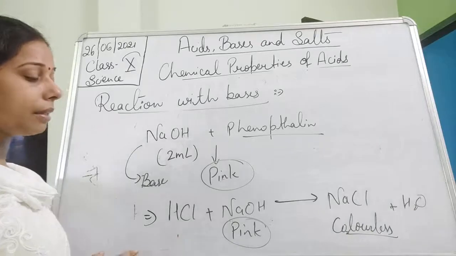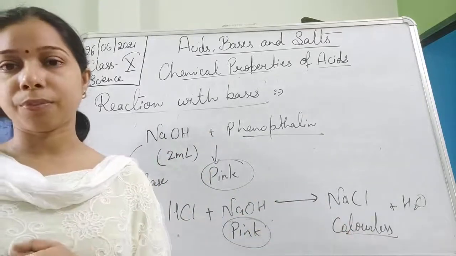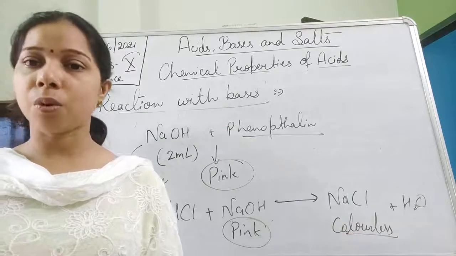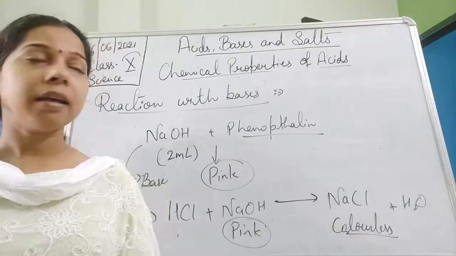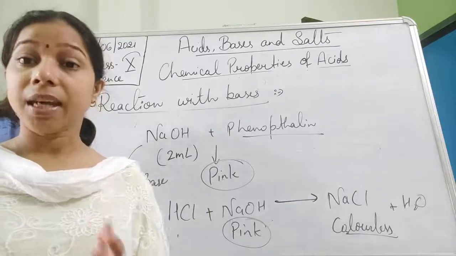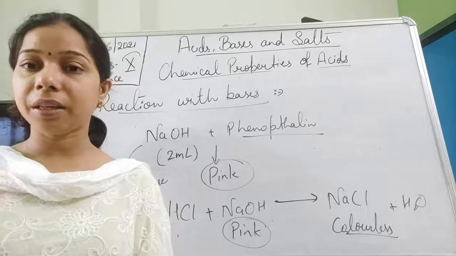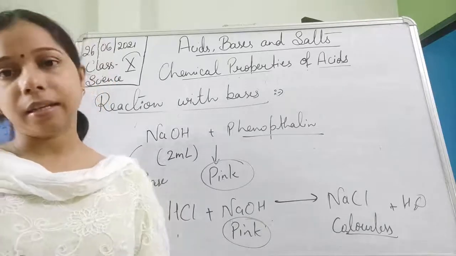It is not a base, it is a salt now. So this is how we can understand that when an acid reacts with a base, it becomes salt. And how do we identify it? With the help of the indicator.